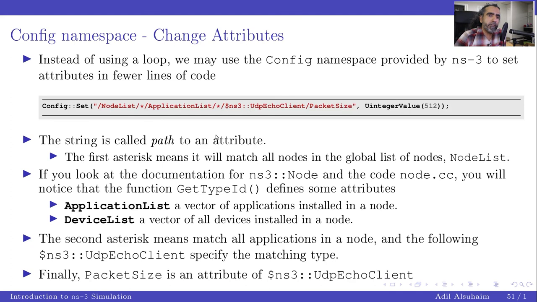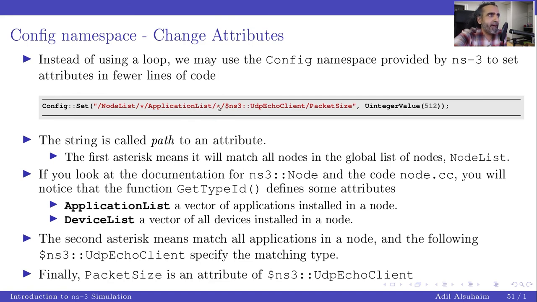But also, the reason why they have attributes is they have this way where you have a string path to all the applications or everything in the simulation. For example, if you want to change the packet size to 512 in all the applications in NS3 that are UdpEchoClient, it goes and iterates through all the nodes. So star matches all the node IDs. And then within every node, there is an application list, because in the node class, there is an application list attribute, right?